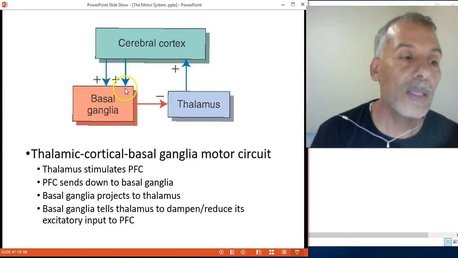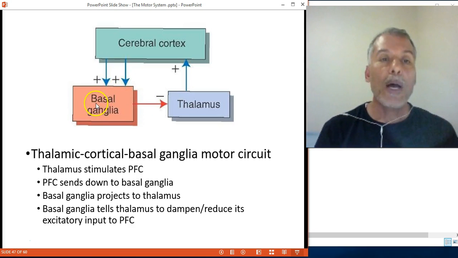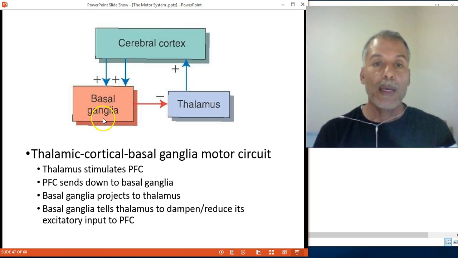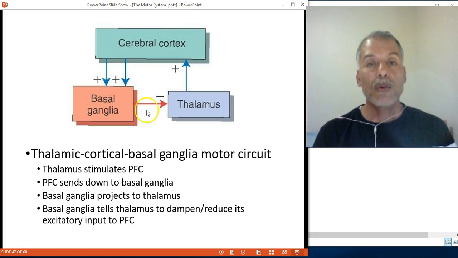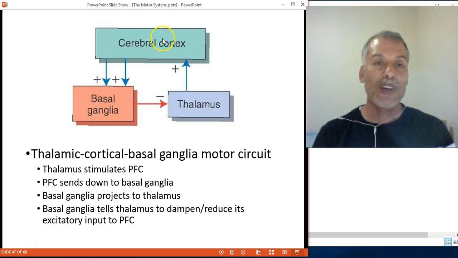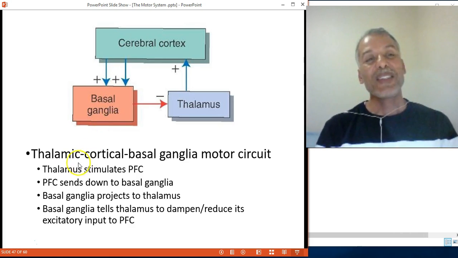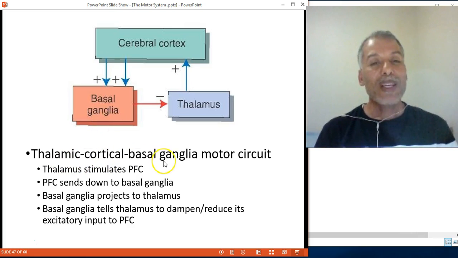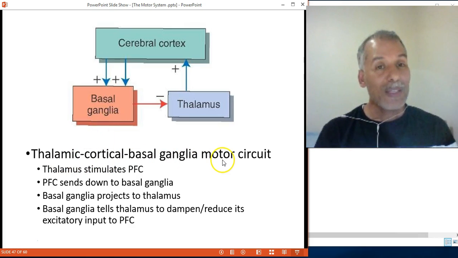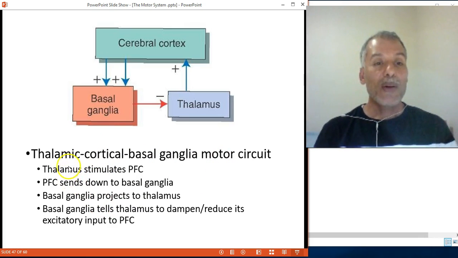So there's a circuit whereby the basal ganglia control functions of the thalamus, and the thalamus controls functions of the cerebral cortex, and the cerebral cortex controls functions of the basal ganglia. It's called the thalamic cortical basal ganglia motor circuit, and this is how it works.